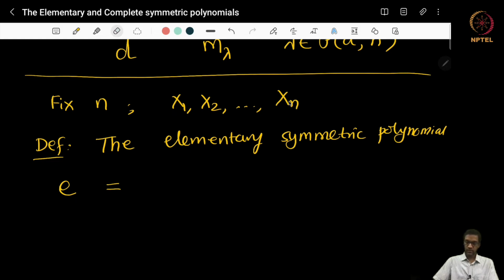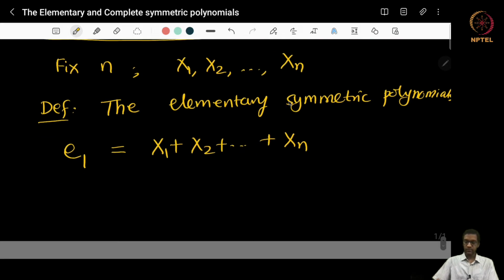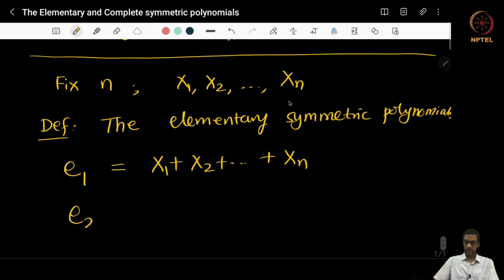What is e sub 1? E sub 1 is defined as follows. It's just the sum of all the x's, x1 plus x2 plus up to xn. So this is the first guy, e1. How is e2 defined? It has degree 2, and I do the following. I take all products of variables, xi xj.